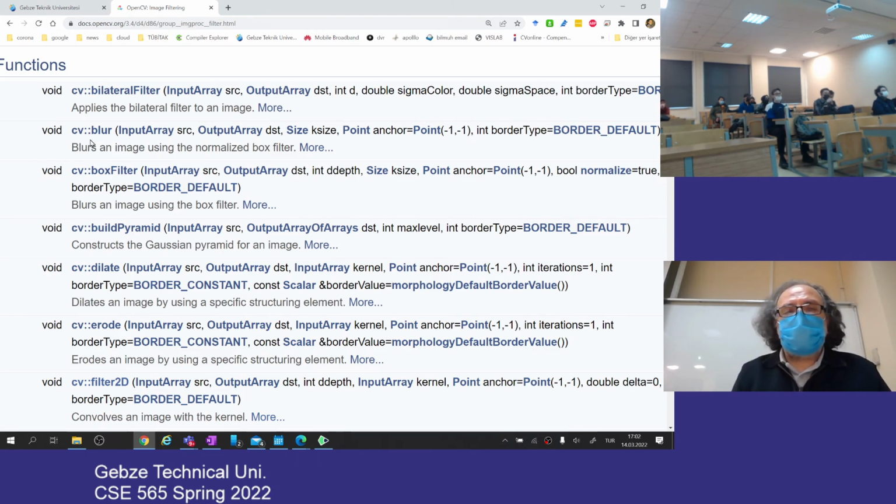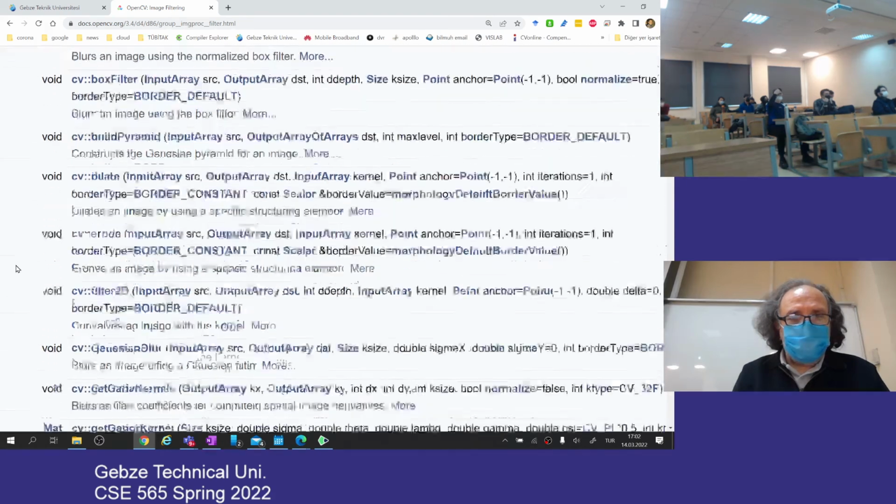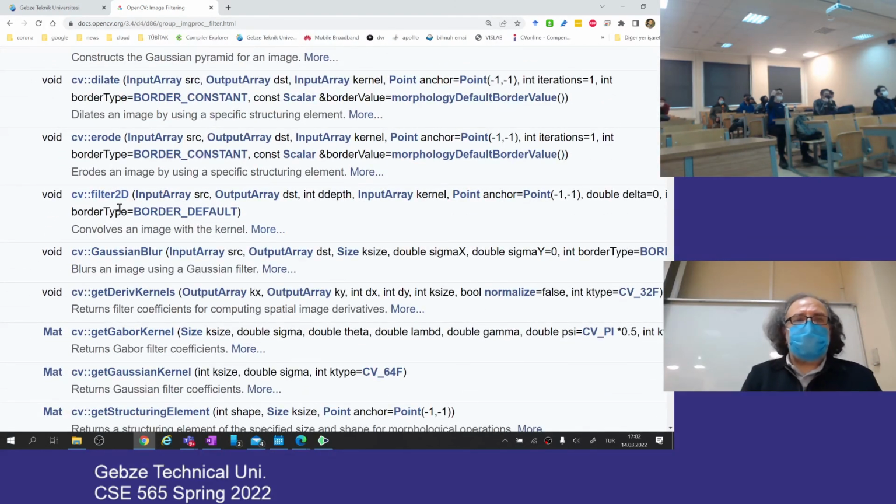So this will not take a kernel, because it is going to use the normalized box filtering. And if you like to use other types, for example, for the general one, filter 2D, okay?